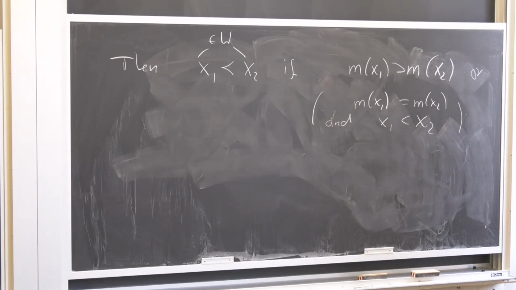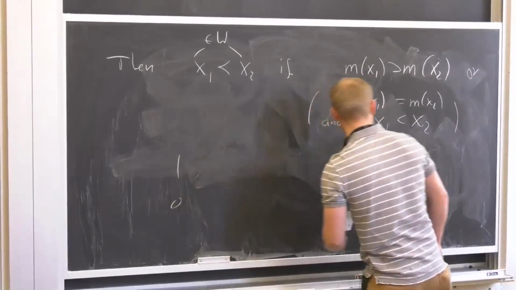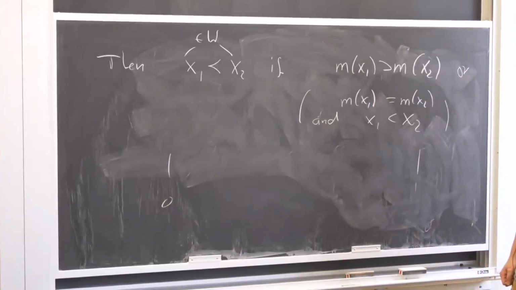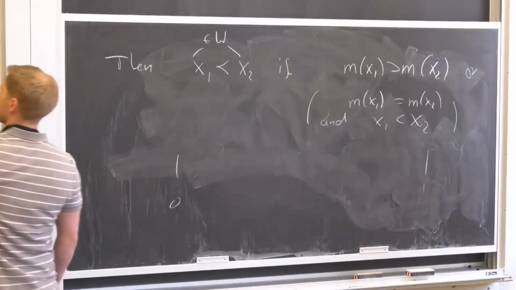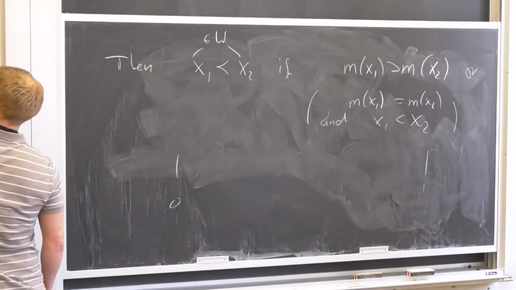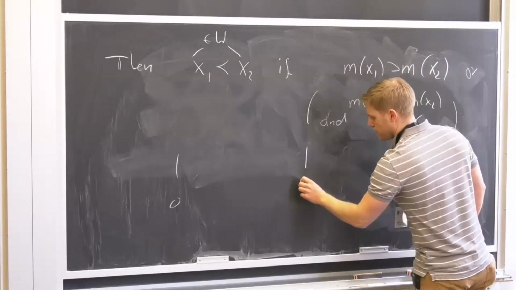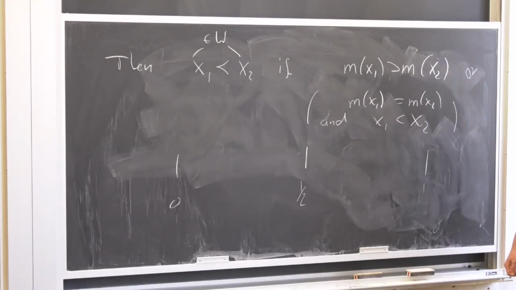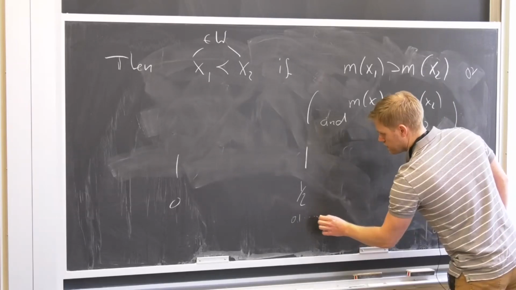So if you want to fill this up, if you draw this interval 0, 1, then the first thing here is 1/2, because the binary representation is really 0, 1, dot, dot, dot.